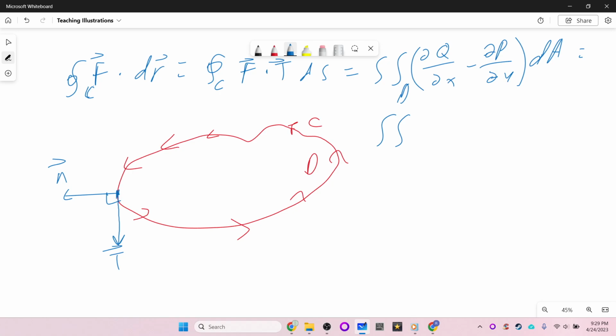So we can rewrite this as the double integral of curl F dot k dA. The idea is that it'll sum up the curls in that two-dimensional version. So that's just writing it in three-dimensional form rather than the two-dimensional form from before.